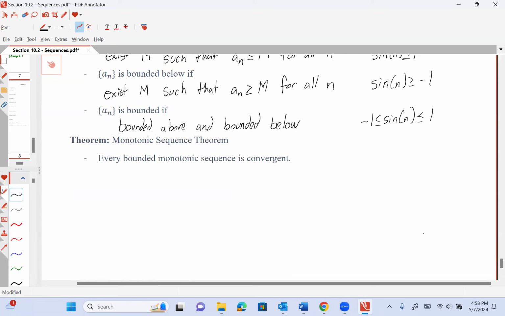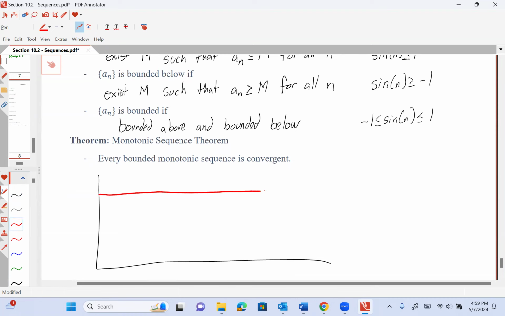The monotonic sequence theorem says that every bounded monotonic sequence is convergent. So taking those words together, there's a bunch of terminology that just got introduced. Bounded means there's some value that the sequence is always smaller than, and another value that it's always bigger than.